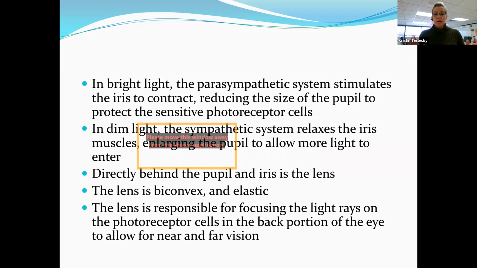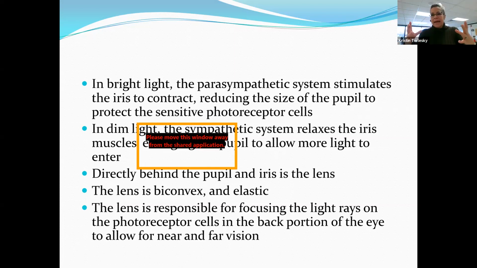All right, so it's talking about that iris contracting and making your pupils bigger and smaller. And we talked yesterday about parasympathetic and sympathetic. So sympathetic means that your body feels sympathy for you, so it wants you to see more and be bigger. Your sympathetic nervous system will actually relax your iris to make your pupil bigger so you can see.